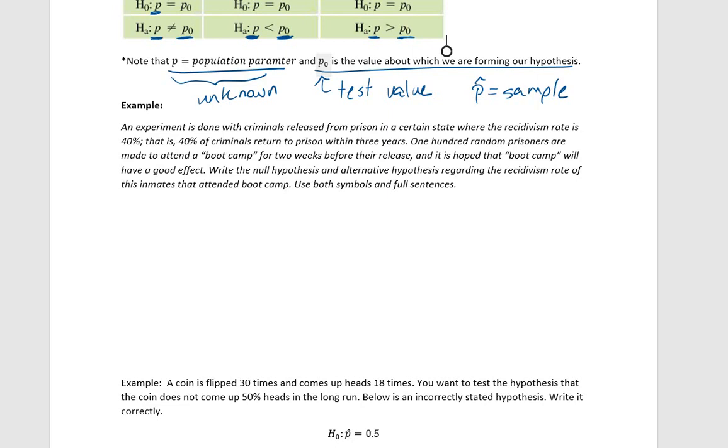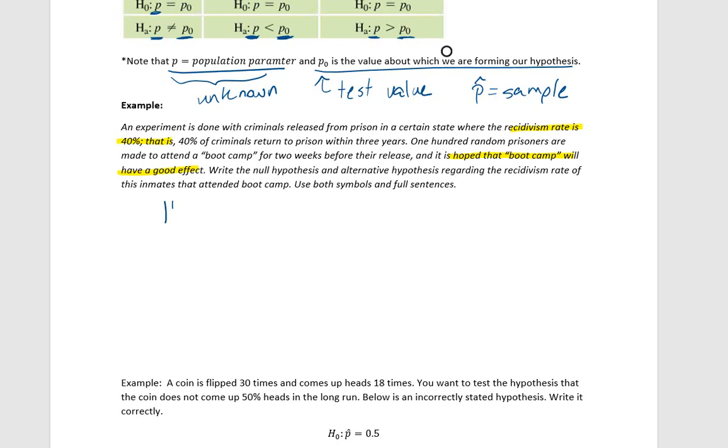What we want to do is write the null and alternative hypothesis regarding the recidivism rate of the inmates that attended boot camp. Okay, so a couple of key things to point out is that the status quo, or the previously determined recidivism rate, is 40%. Now, what we did for our experiment is we collected 100 random prisoners and had them attend a boot camp for 2 weeks before their release, and the hope is that boot camp will have a good effect.